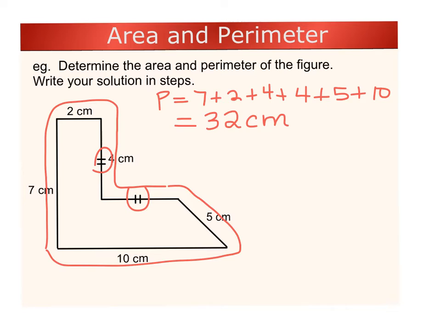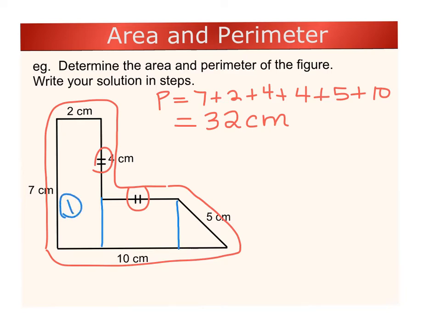For the area, however, we need to chop this into regular shapes. I think I'm going to chop this into 3 parts. I'm going to make a rectangle there, a rectangle there, and a triangle.